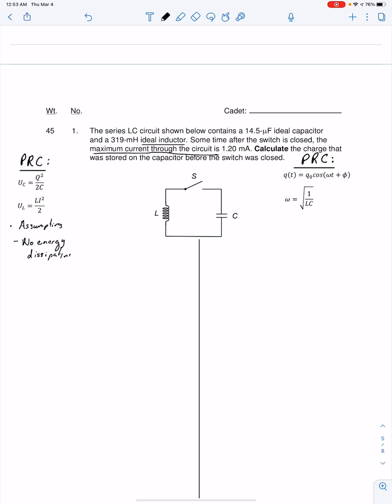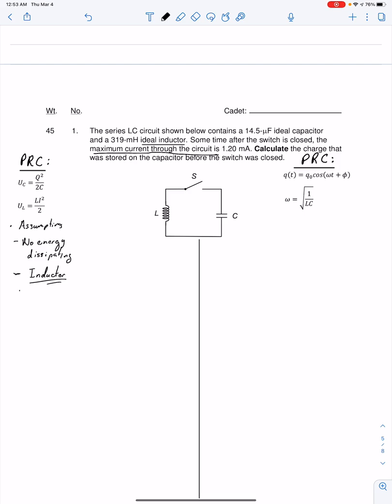And then it also says that there is a maximum current, and whenever there's a maximum current, it means that the maximum current is incurred at the inductor. If we have maximum current, we have maximum energy.